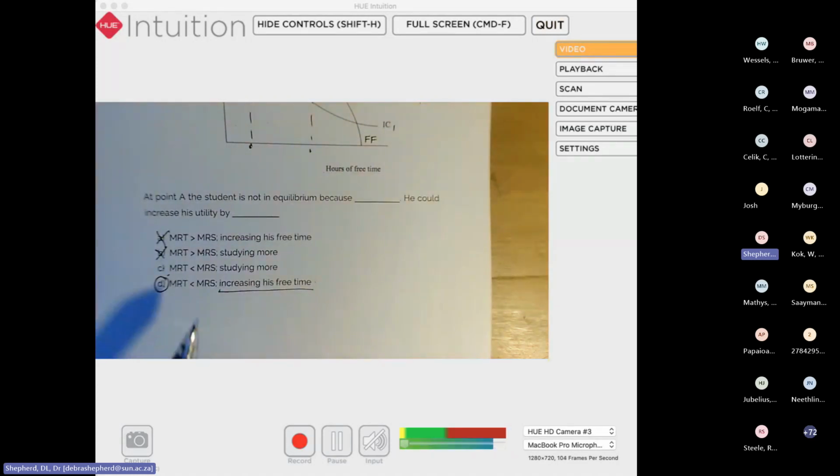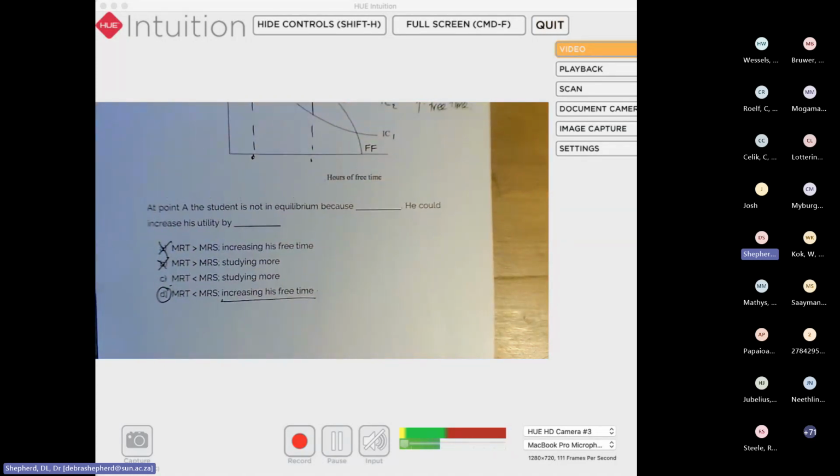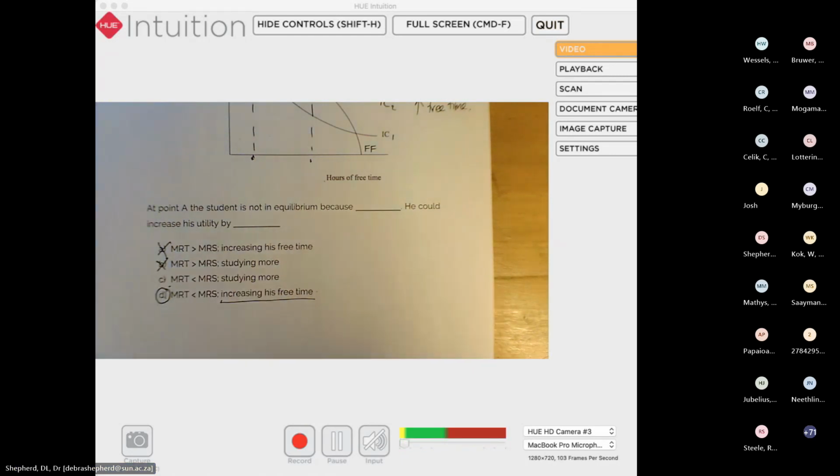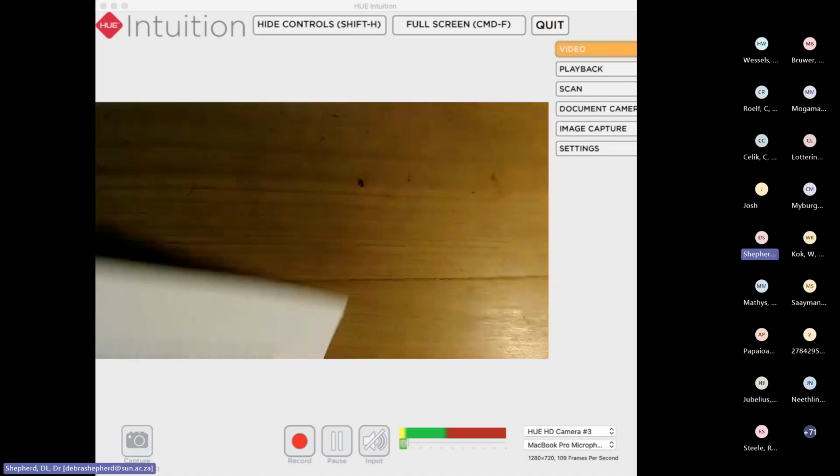Okay, so the answer to this question is D. Because the MRT is less than the MRS, this individual will increase their free time in order to increase their utility. Does that make sense? Okay, I see your hands up.